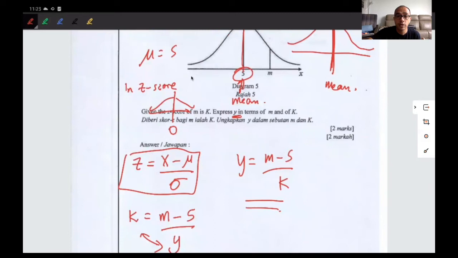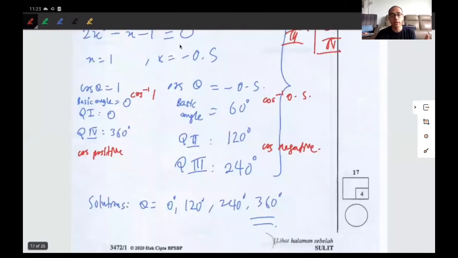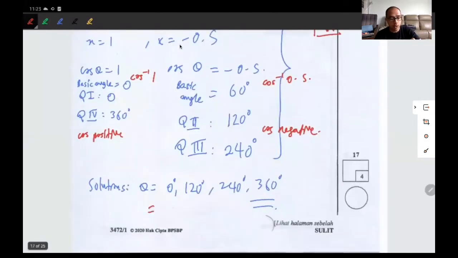So the previous question is in terms of pi. Which question is this? Oh, dalam sebutan pi. Oh, can. Okay, can. So this will be 0 pi. 120 is, pi is 180, right? So 120 will be 120 over 180.